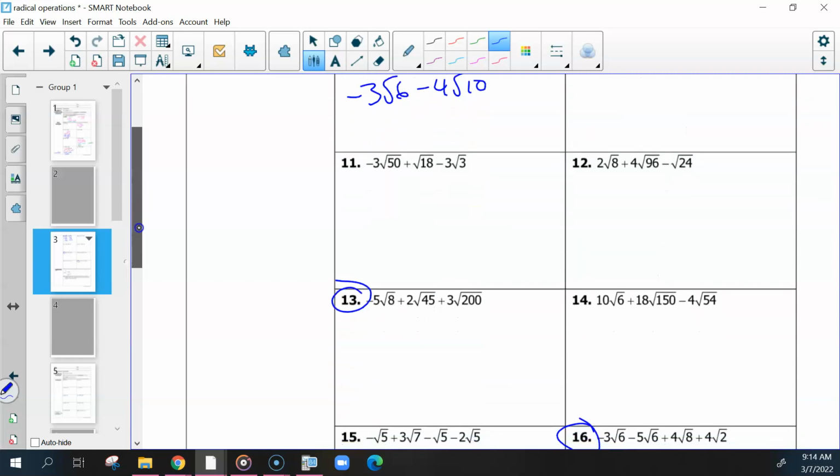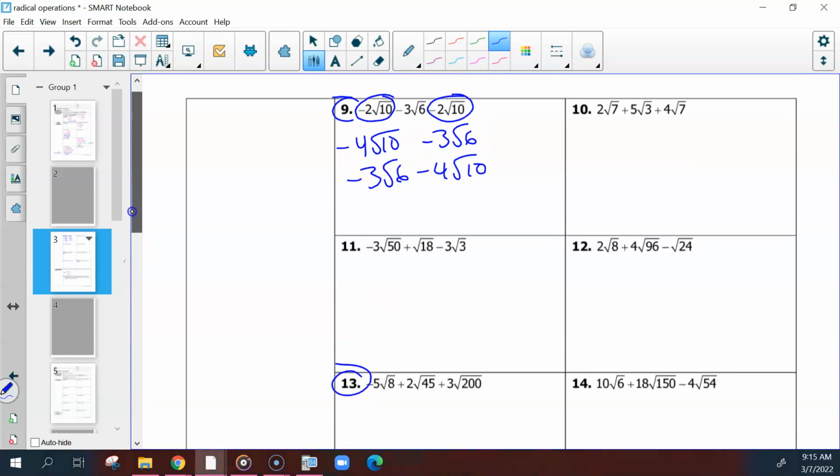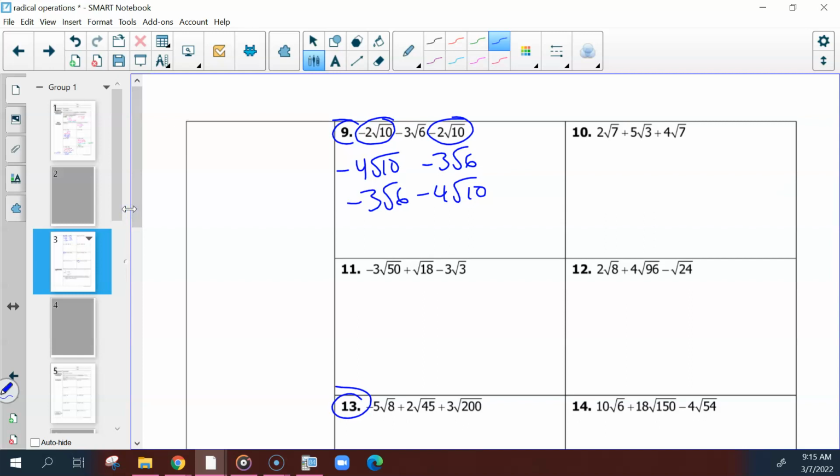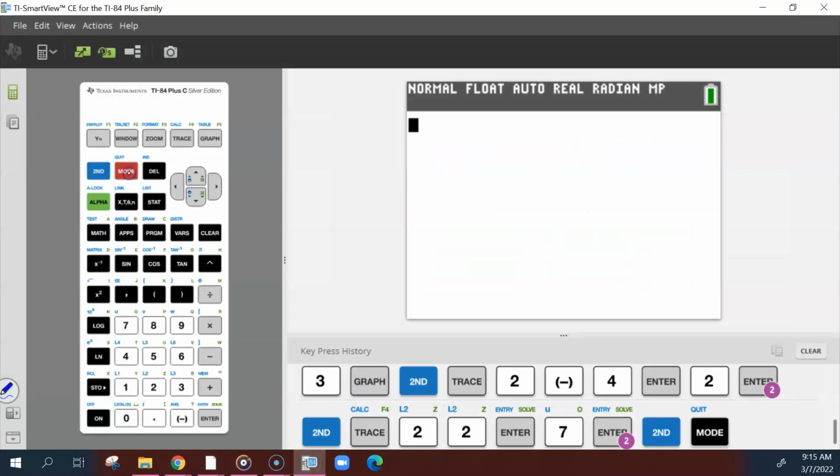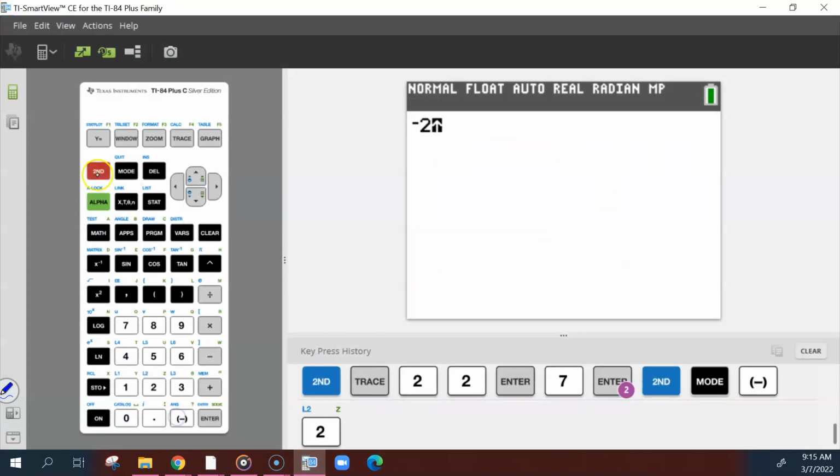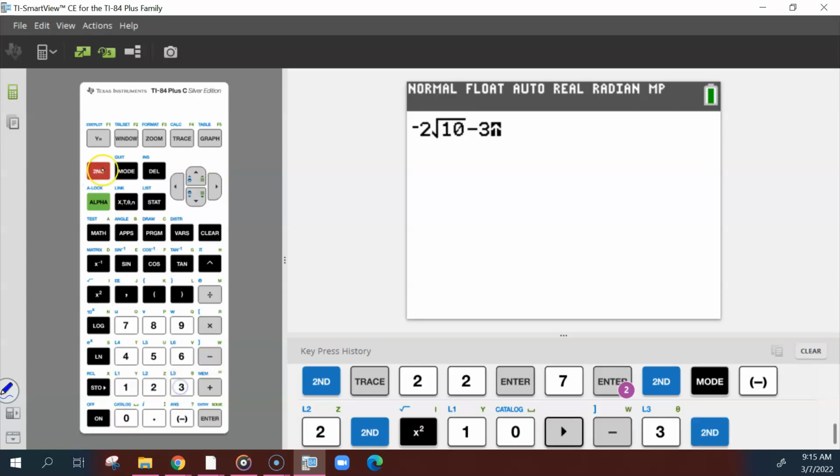Let's jump down to 13. We can put this all in, and then put this in. It should match. I'll do that. Negative 2 times 10. Minus 3 times 6.